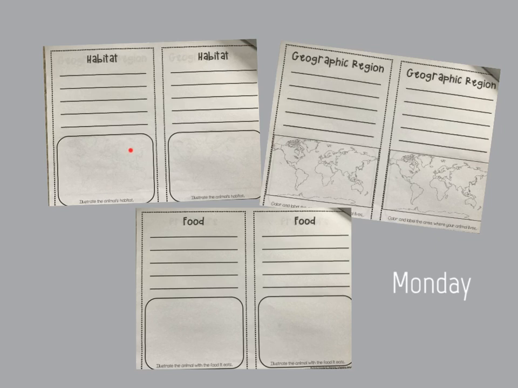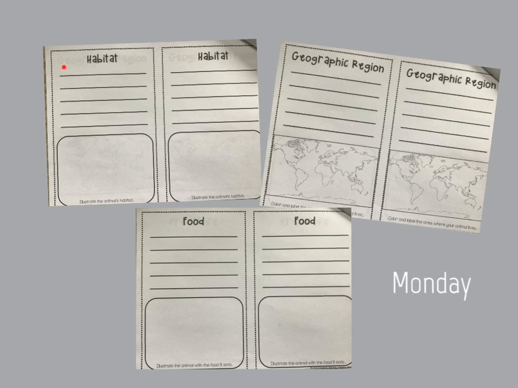The habitat, that is, where does the animal live? So if we are talking about a horse, then the habitat for the horse would possibly be on a farm. And so then you would write me up here about where that animal lives and then draw me a picture of it. Here's what I need though. I need complete sentences.